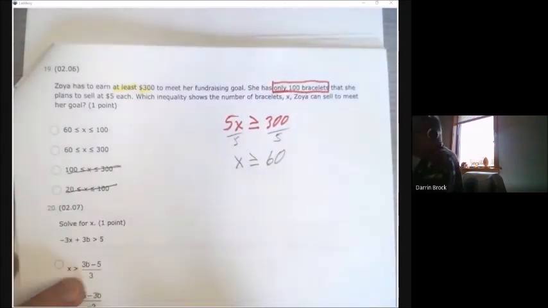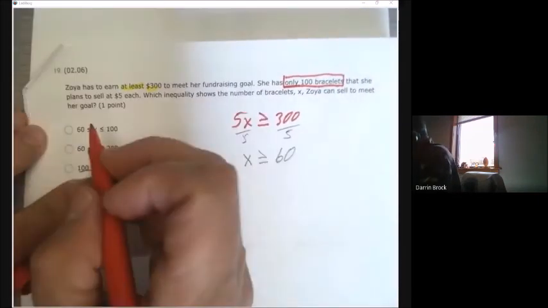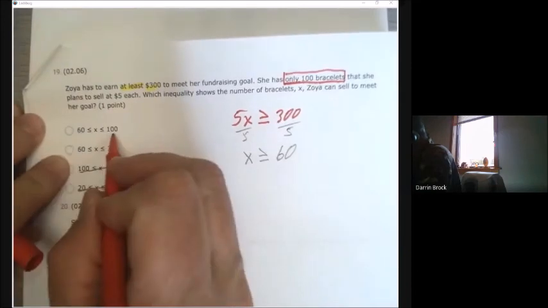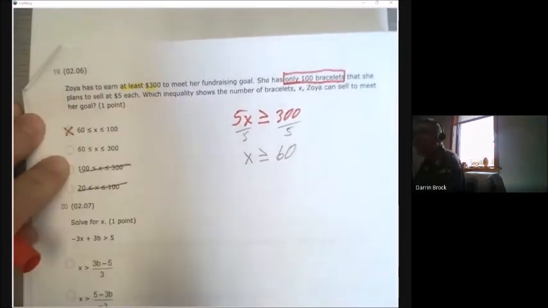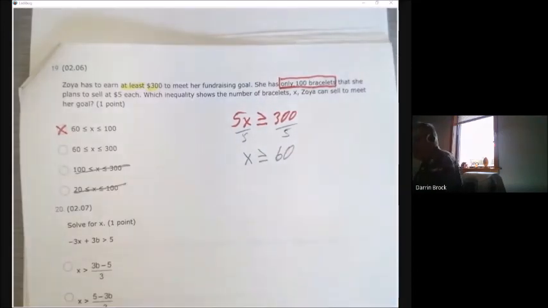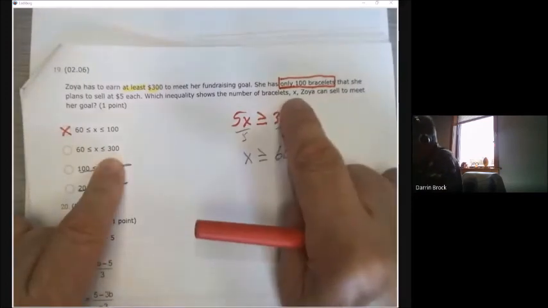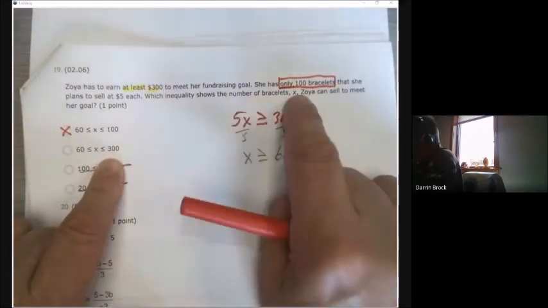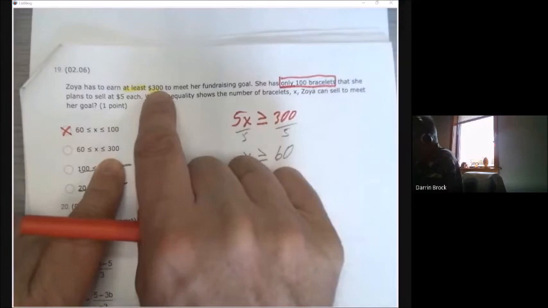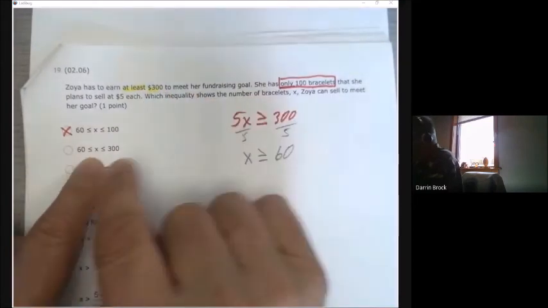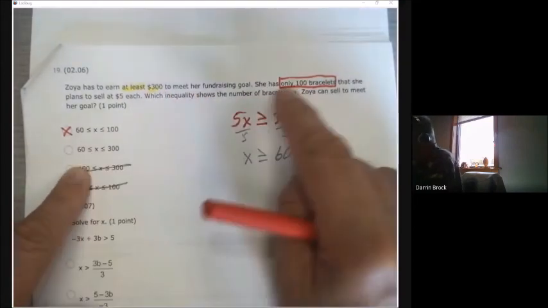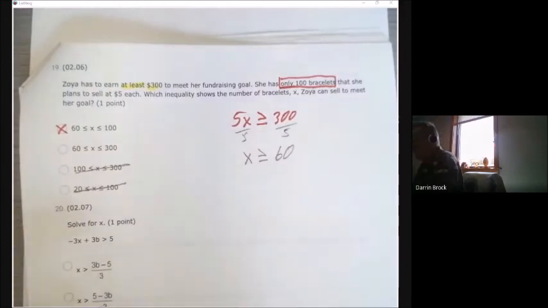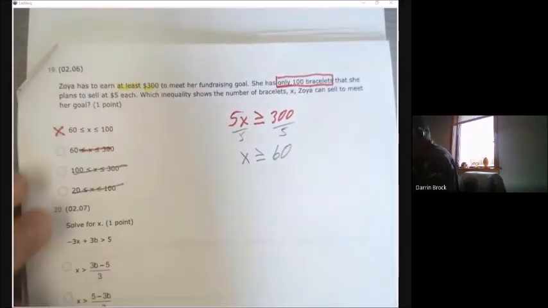She only has 100 bracelets. So she can sell 60 of them or she can sell all of them, and that will get her at least $300. She doesn't have 300 bracelets. Since X is the number of bracelets, it's not the dollars. We can't sell more than the number of bracelets. So that's out.